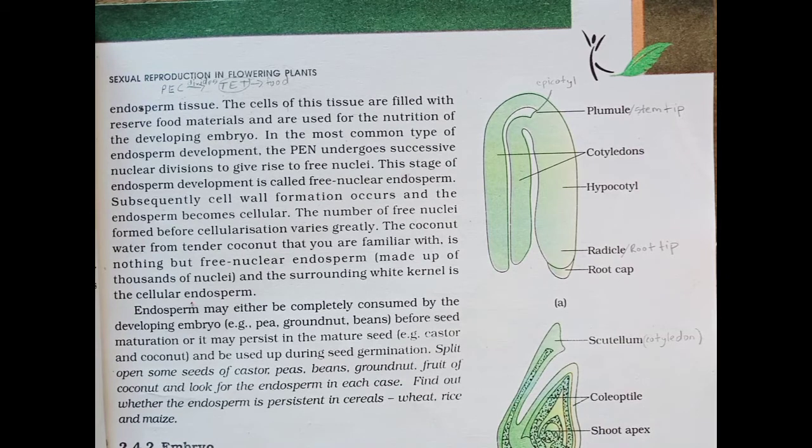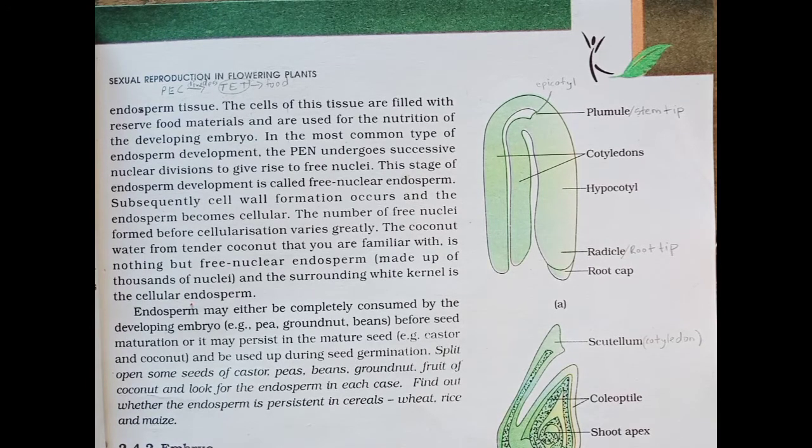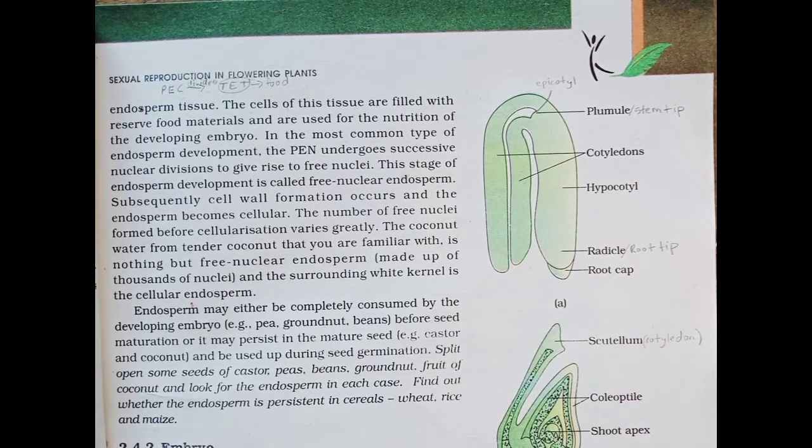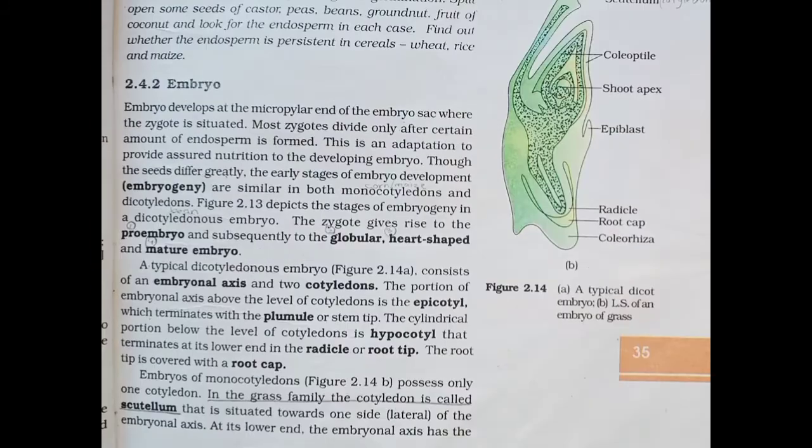Example, we can see this in castor and coconut. We still see the endosperm, that is the cellular endosperm and the free nuclear endosperm in coconut, right? So that means that the endosperm is not consumed completely by the developing embryo. So this is all about the endosperm development.